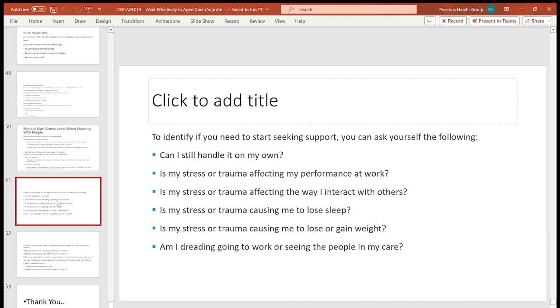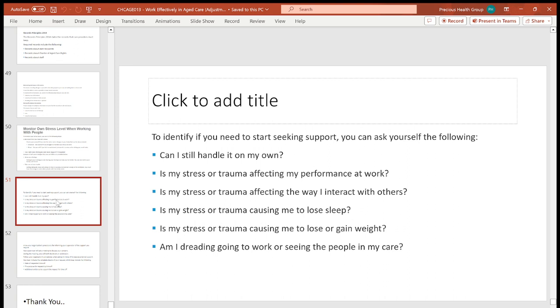To identify if you need to start seeking support, you can ask yourself the following. Can I handle it on my own? If it is actually stress, is it something I am capable of dealing with? Is my stress or trauma affecting my performance at work? Is it affecting the way I interact with others?